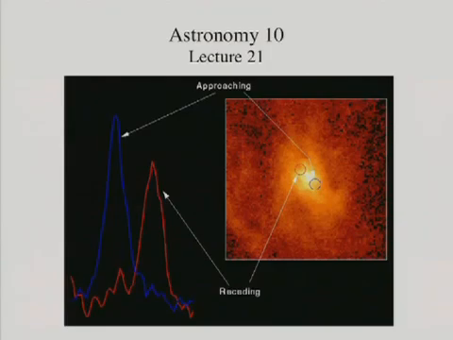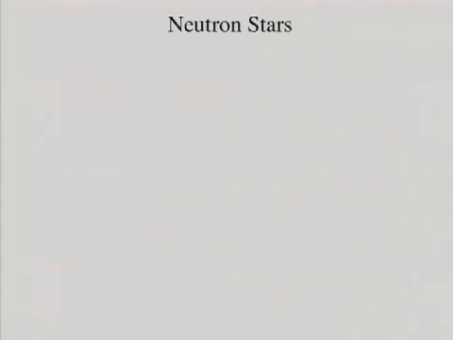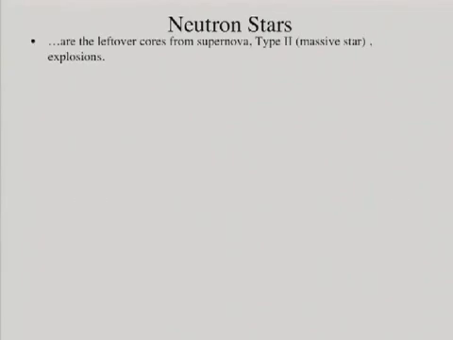Okay, the next question I want to address is the issue of neutron stars. Neutron stars are leftovers from supernovae, particularly type 2 supernovae. That's the supernova that has an iron core and a wedding cake of material on top of it, in the center of a massive star.